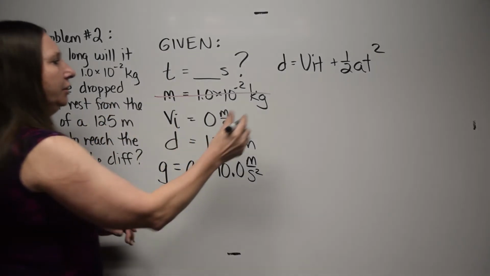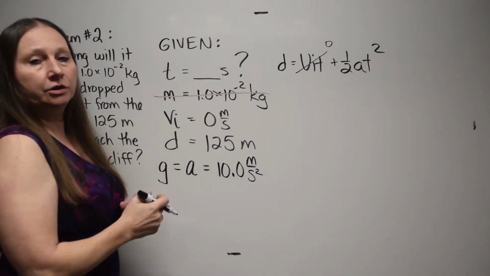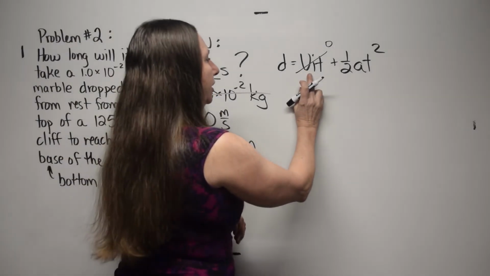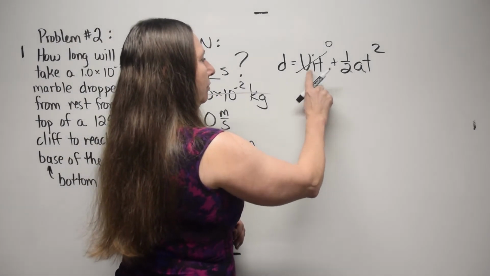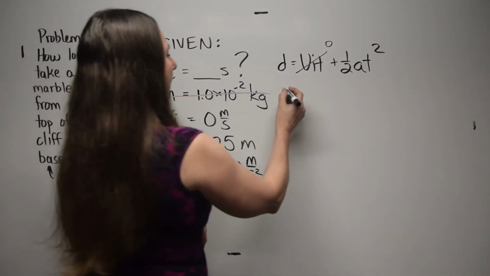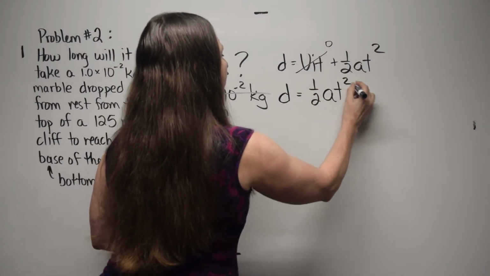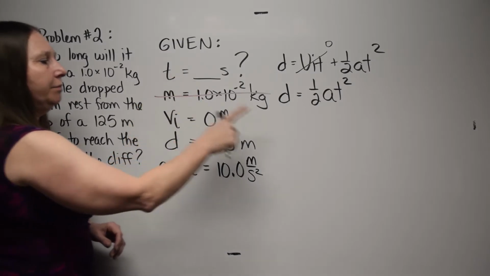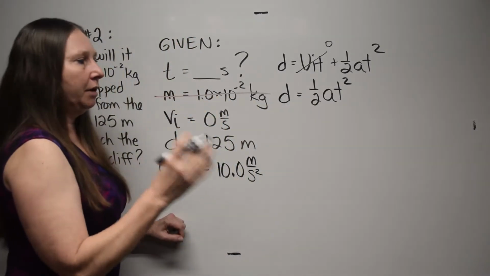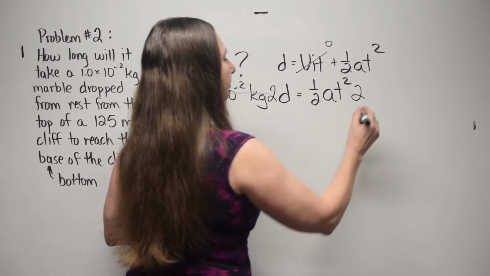Since V initial is 0, this whole V initial T term is going to drop out. If V initial is 0, 0 times whatever the time is still going to be 0. Now, d equals 1/2 A T squared. We're trying to find the time, so we need to get the time by itself. Let's multiply both sides by 2.